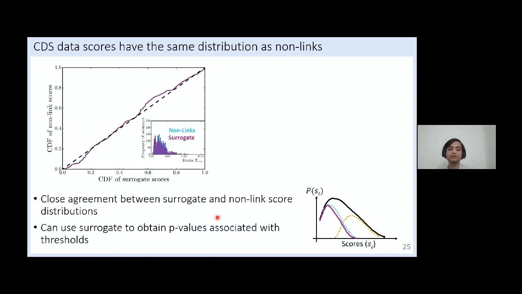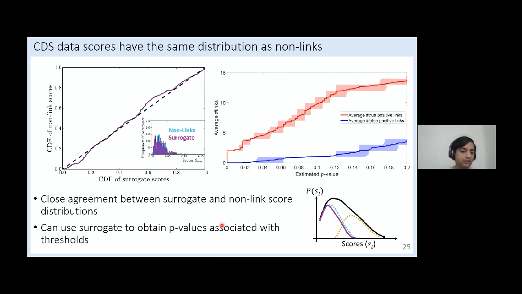And so you can really use a surrogate to obtain p-values and confidence probabilities of any possible candidate link. And then you can really see that you can actually get a good number of true positives and a small number of false positives. But really what's essential here is that you can quantitatively tell how many true positives and how many false positives you might get, right? Yeah, and so all that really seems to work out through the usage of this causality destroyed surrogate data.